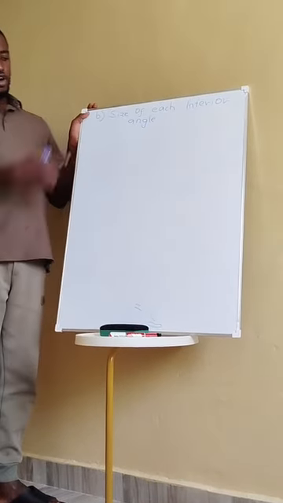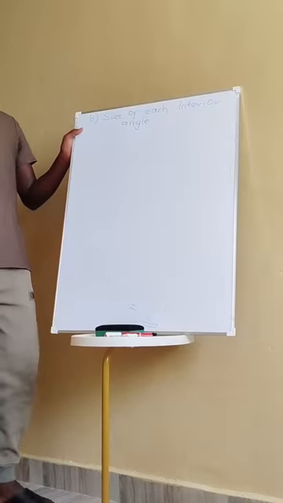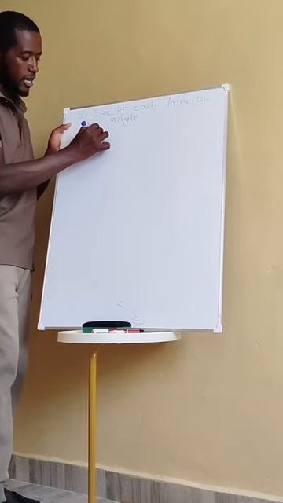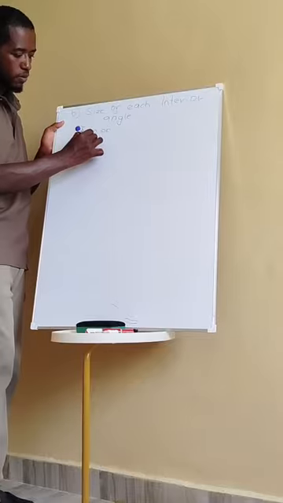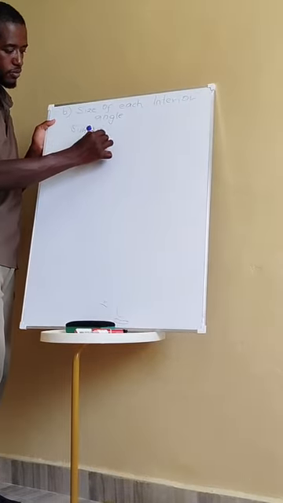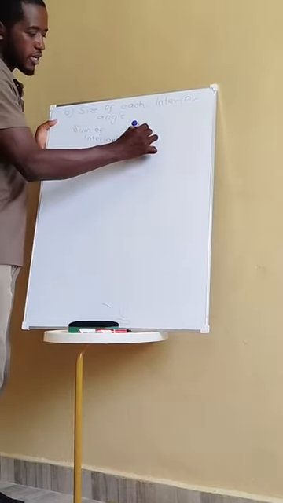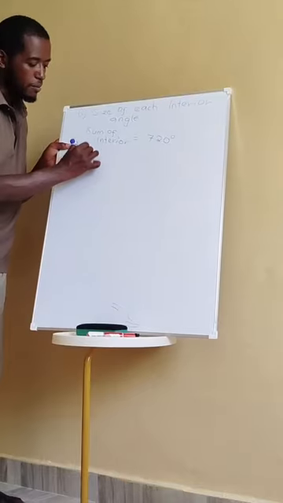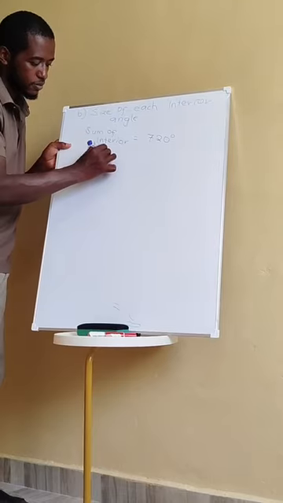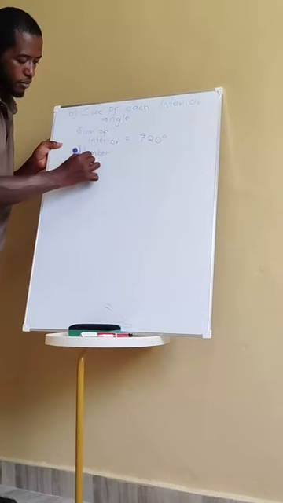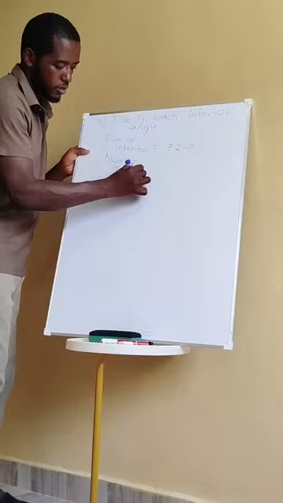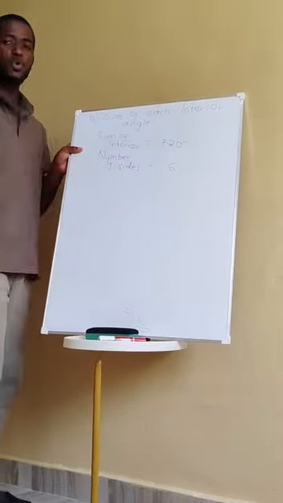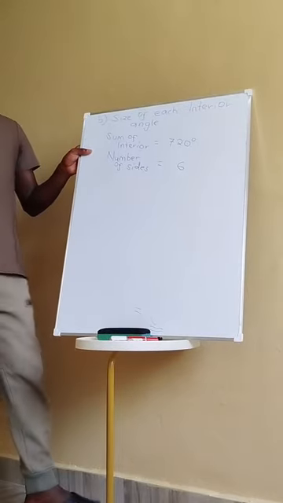Now, for our question, we know that we are given that the sum of interior angle is 720 degrees. We also know that the number of sides is 6. Now I want to know the size of each interior angle.